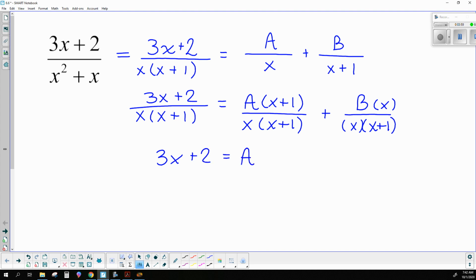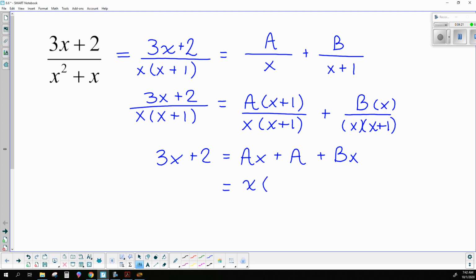I'm going to distribute that a and distribute the b, so I get something that looks like this. Okay, so on the right, I want to do a little bit of combining like terms, okay? So on the right, I notice that there's two terms that have an x in it.